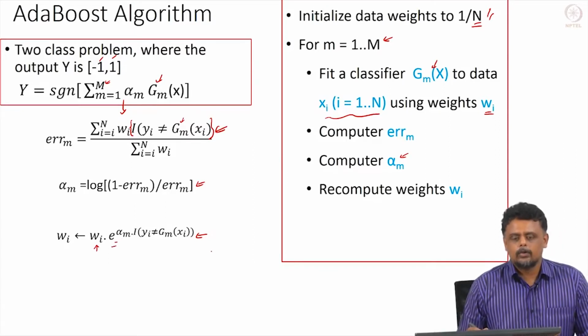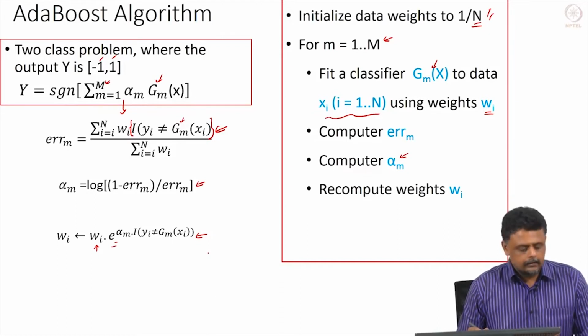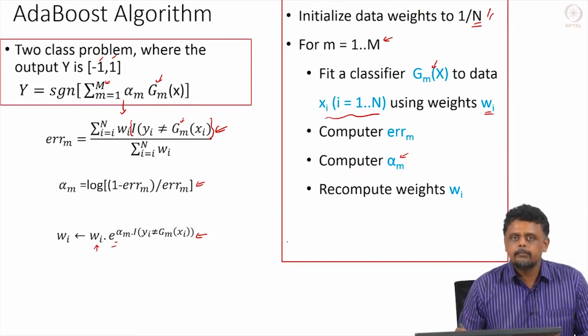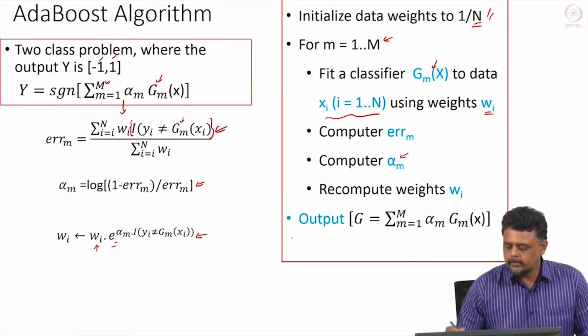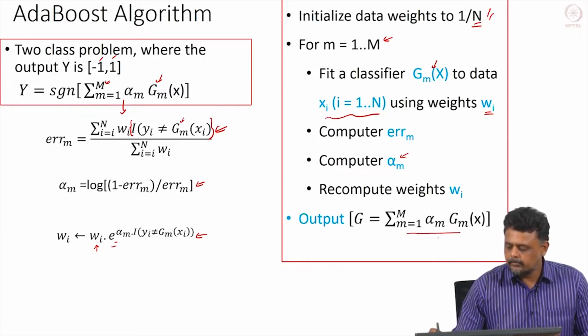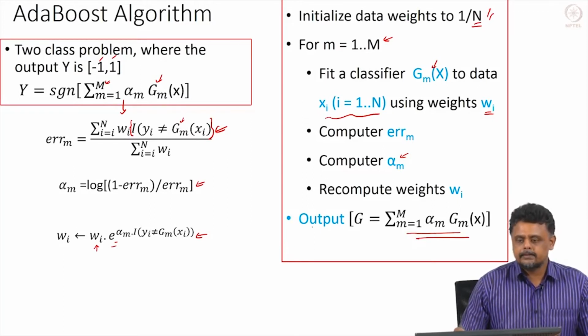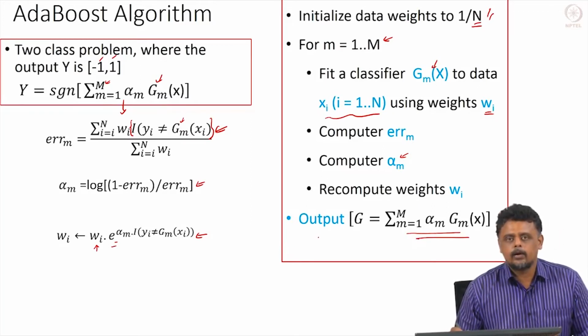Okay. This is the loop which is performed M times. In the end, we output the classifier as the weighted sum of the individual classifiers. Okay. This is just the algorithmic summary of what we saw earlier in an illustrative form.